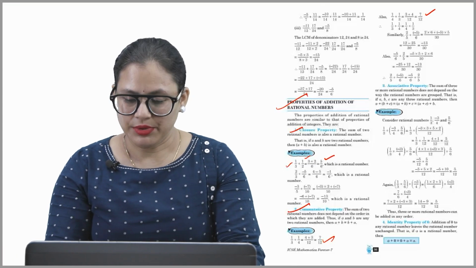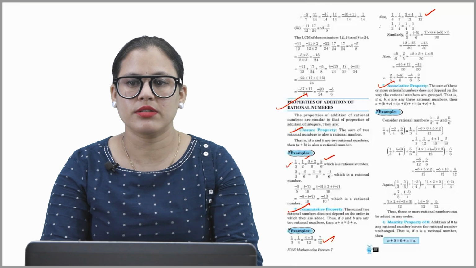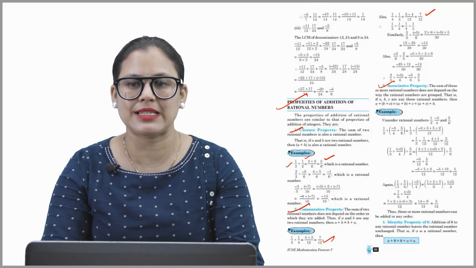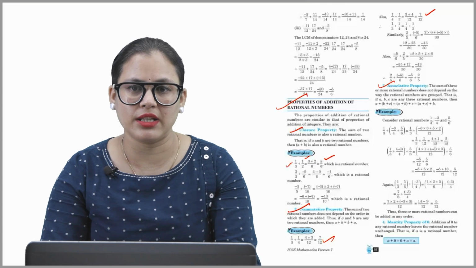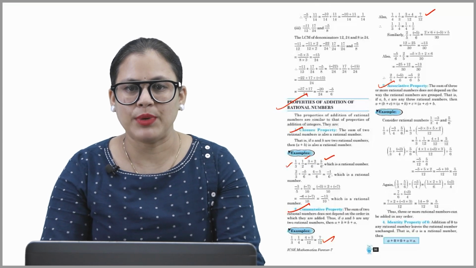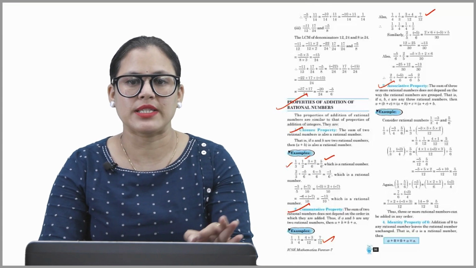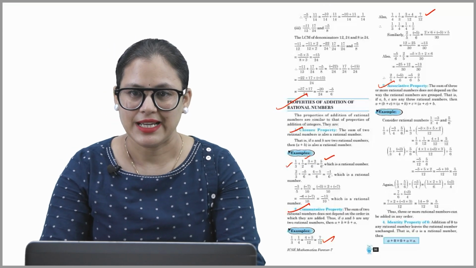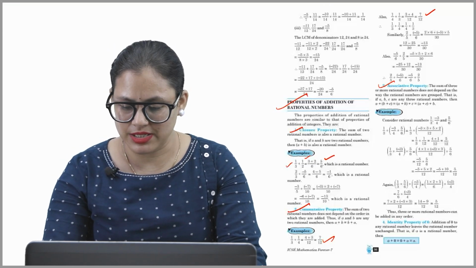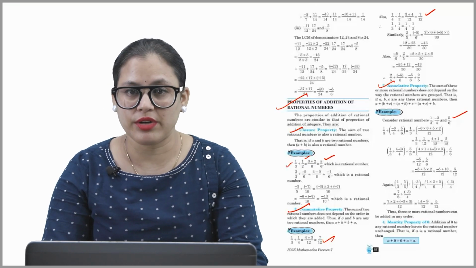Okay. Number 3, associative property. Sum of 3 or more rational numbers doesn't depend on the way the rational numbers are grouped. That is, if A, B, C are any three rational numbers, then A plus B plus C is equal to A plus B plus C, or is equal to A plus C plus B, right? Example, consider rational numbers 1 by 3, minus 2 by 4 and 5 by 6.